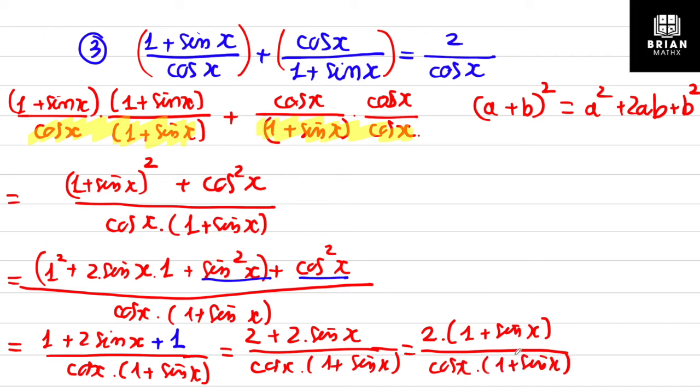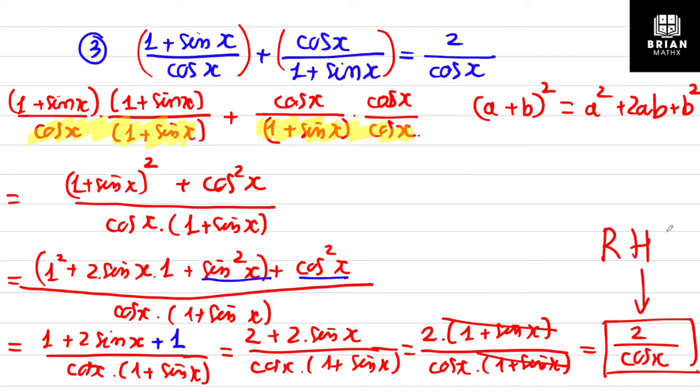The same factor is in both, so I can cancel it. The rest will be 2 over cos x, which is the right hand side. From the left hand side, I changed to the right hand side following these steps, and I finished this question. Solving that is done.